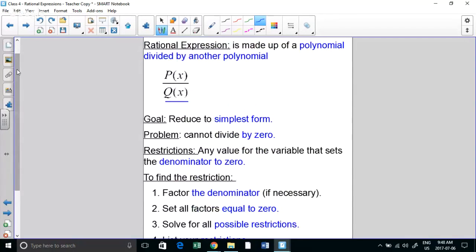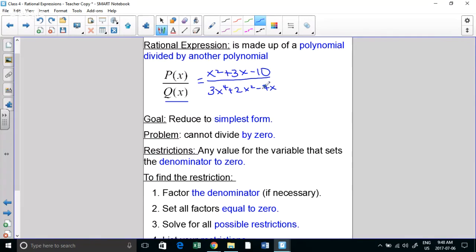Just as a polynomial. So, what are rational expressions? A rational expression is made up of a polynomial divided by another polynomial. For example, if I have x squared plus 3x minus 10 divided by 3x to the 4th plus 2x squared minus 7x.